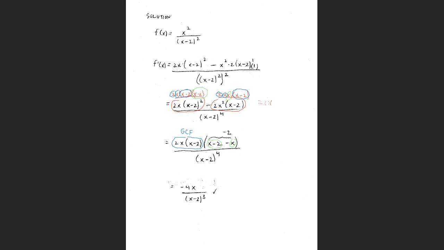Are there any questions so far up to this step? All right. Another thing that's sort of nice is everything's being multiplied, everything's factored. We have an x minus 2 here, and we have an x minus 2 to the 4th in the denominator, so that would become x minus 2 cubed.